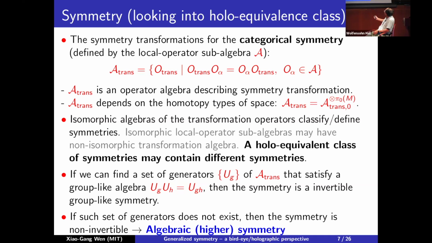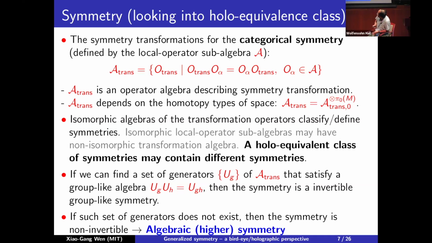For example, if our spatial manifold is not connected, so it has non-trivial pi 0, then on every piece of the manifold we have an independent symmetry. So the symmetry algebra is a tensor product of the symmetry algebras acting on each piece of space. And certainly for higher symmetry, even pi 1 of the space would enter. So this is just an interesting property of this symmetry transformation: it depends on spatial topology.